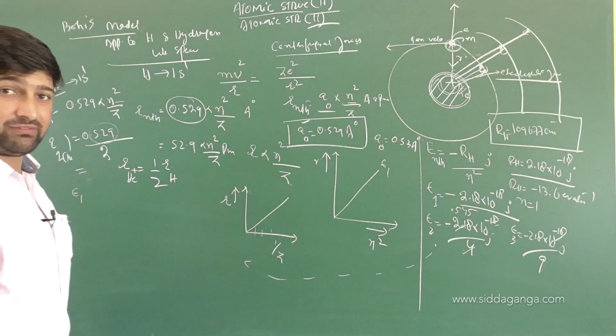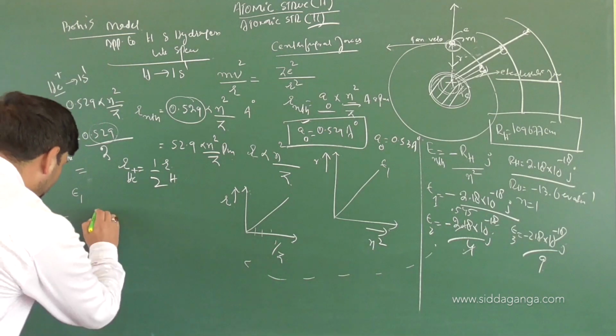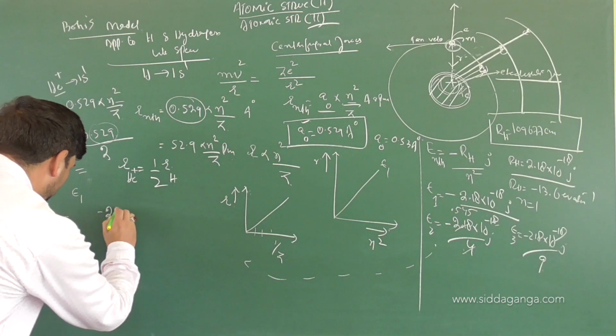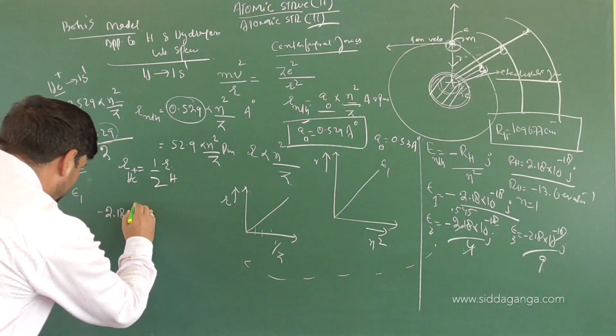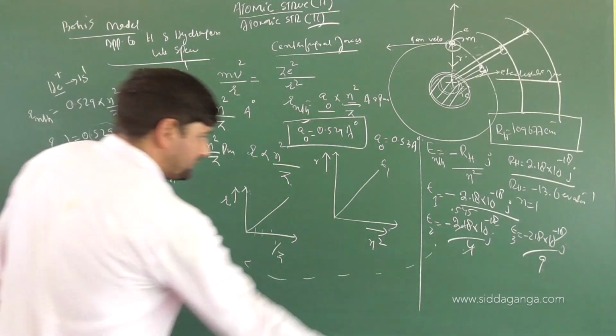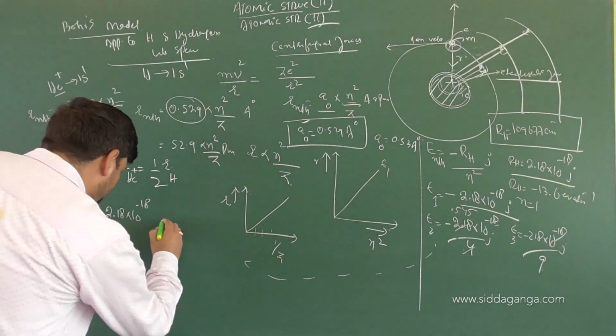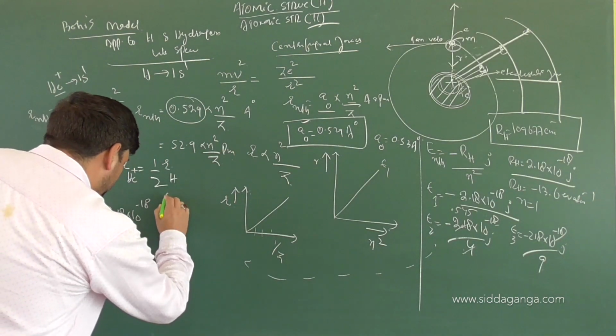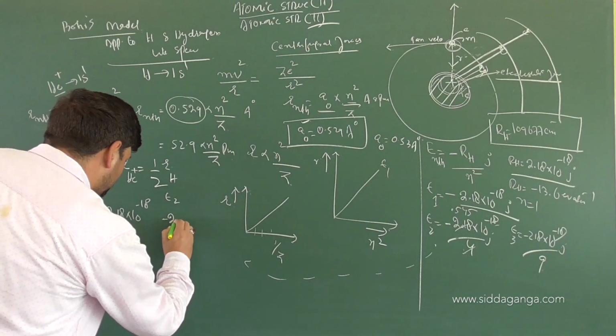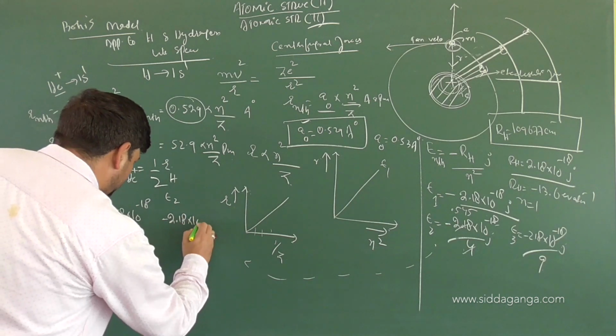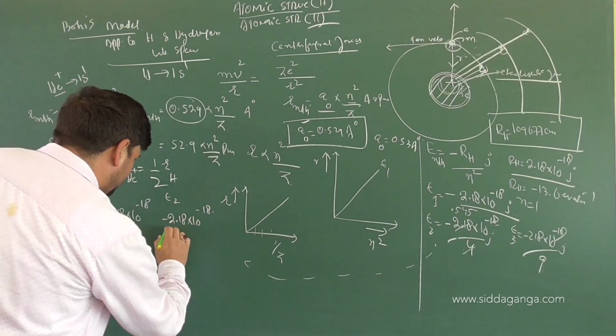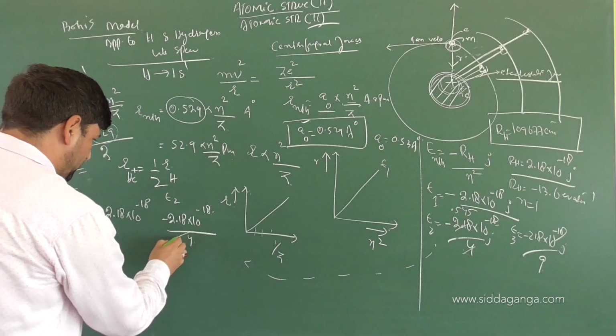Write down the value there. Minus 2.18 into 10 to the power minus 18. Then for E2 it will be minus 2.18 into 10 to the power minus 18 divided by 4. So it will be how much?